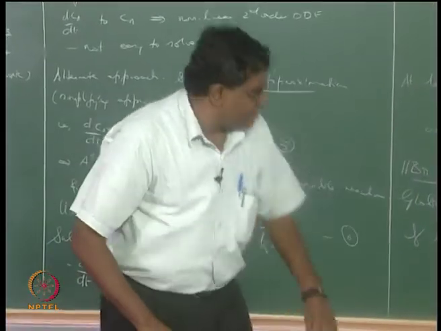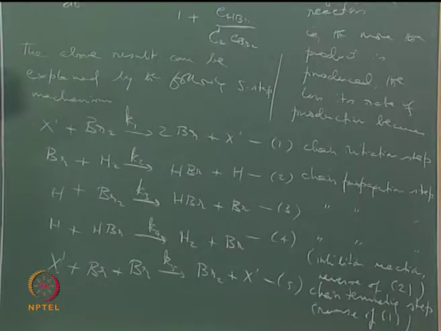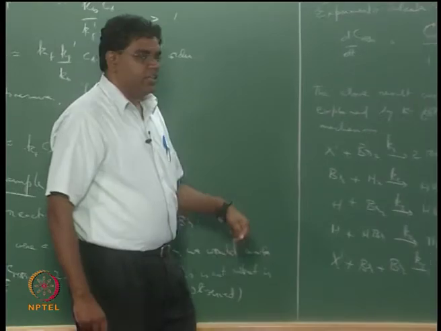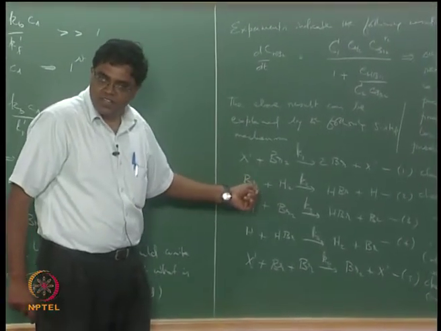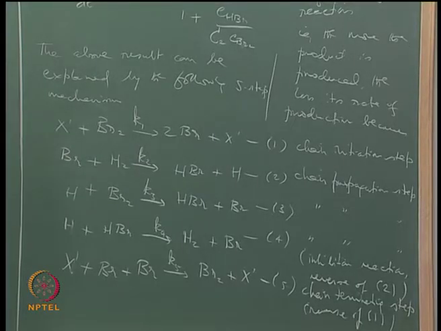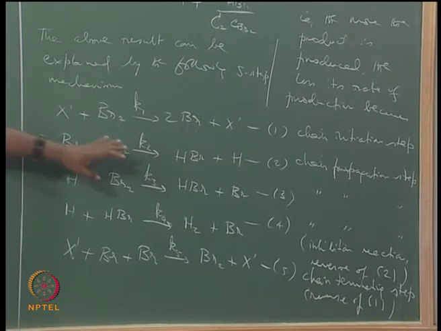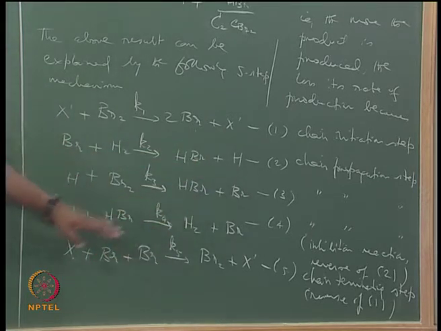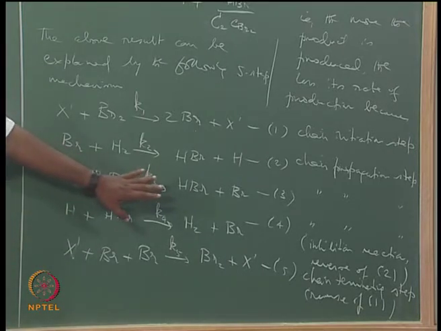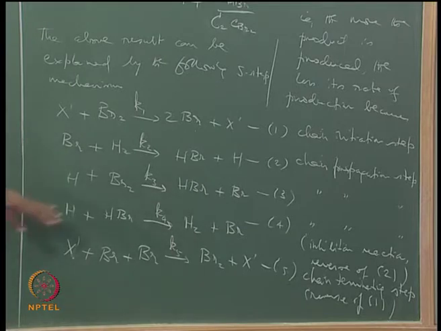So you understand, right? That means if you now write out the rate equations for each of these and then pick out those rates that are based on intermediates, that is dCbr over dt or dCh over dt. Typically these are the two intermediates that are happening here. Okay, and then set them approximately equal to 0, you now get two equations and you have to try to eliminate CH and CBr in this expression, and you have to pray to all the gods that Cx prime would vanish as well.